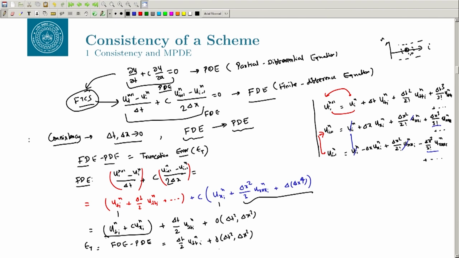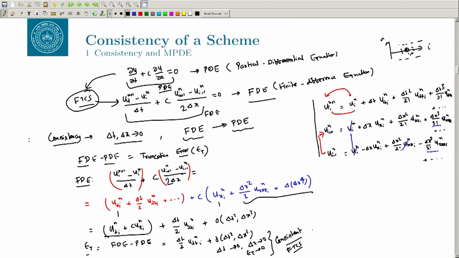And as delta t goes to 0 and delta x goes to 0, this epsilon_t goes to 0. That means this equation is consistent, right. So, your FTCS scheme is consistent.